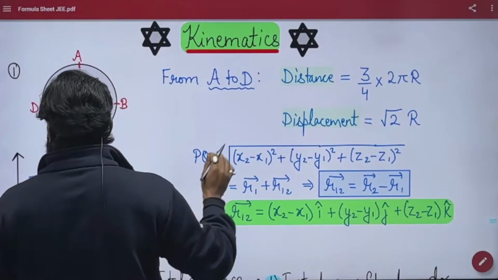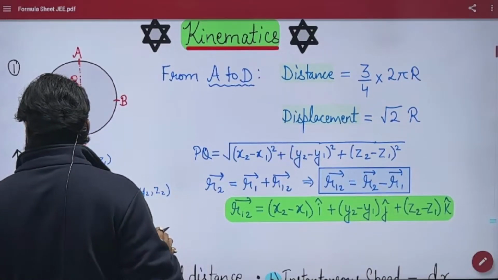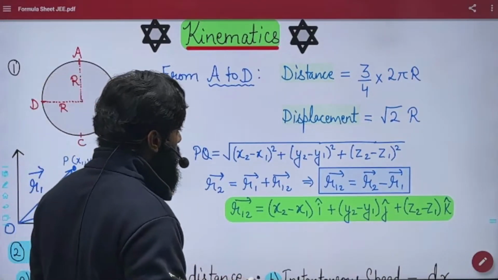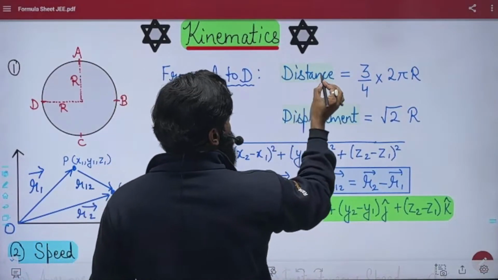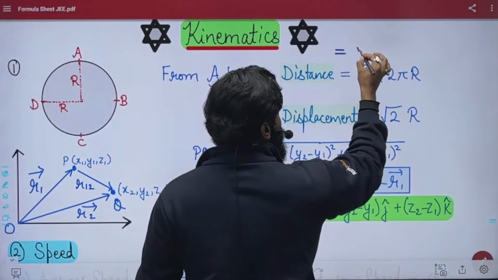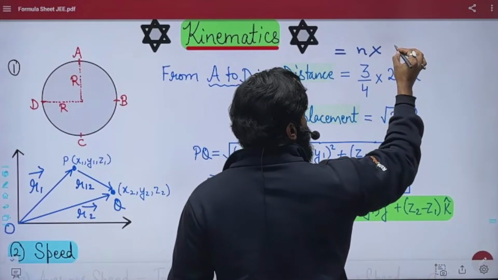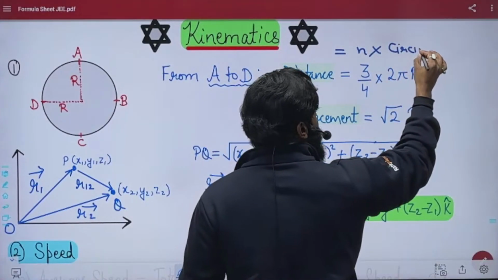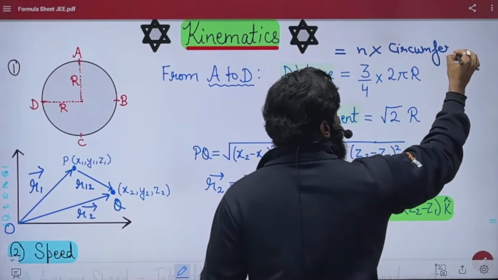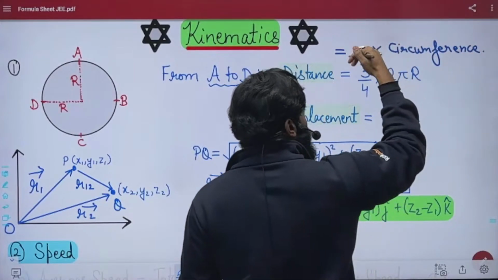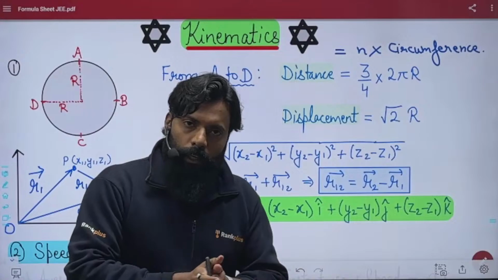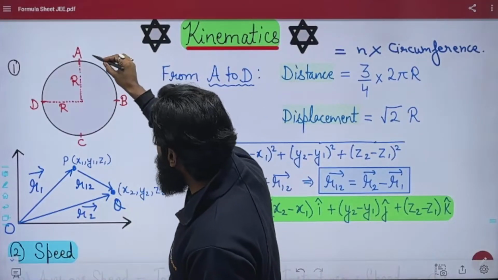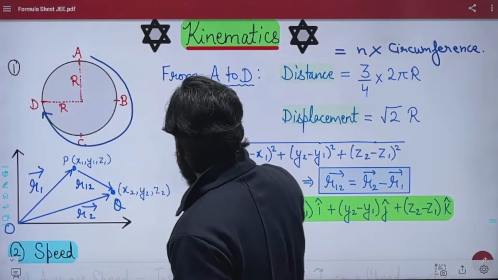In these types of scenarios, I tell my students to remember one thing: distance is equal to n times the circumference, where n signifies how much part of the circle you are covering. From A to D, I am covering the 3/4 part.